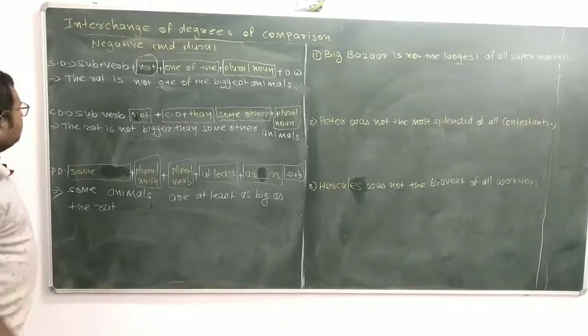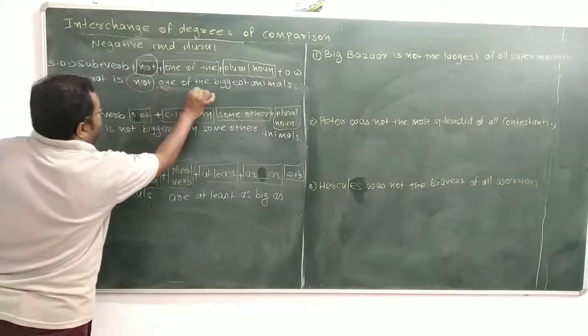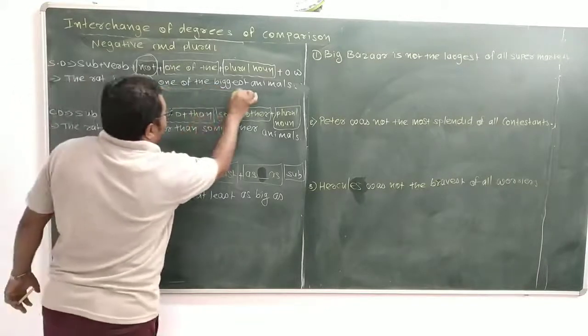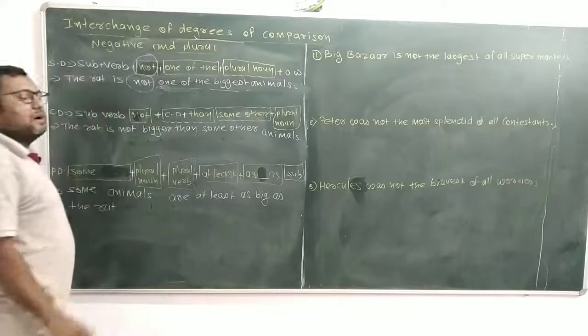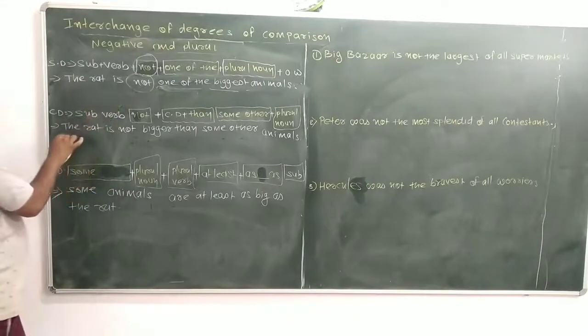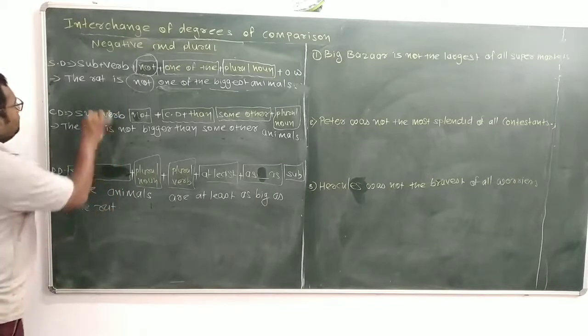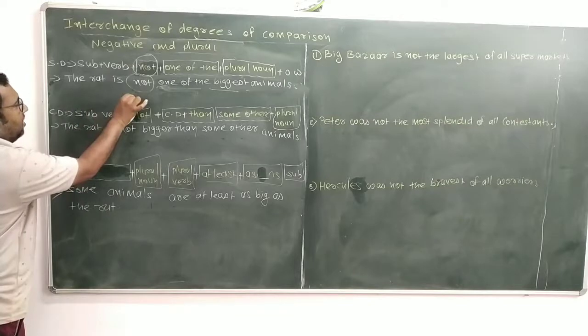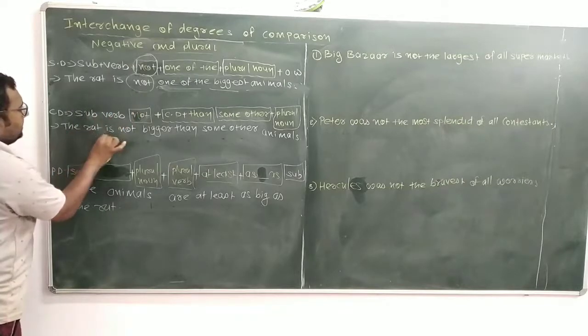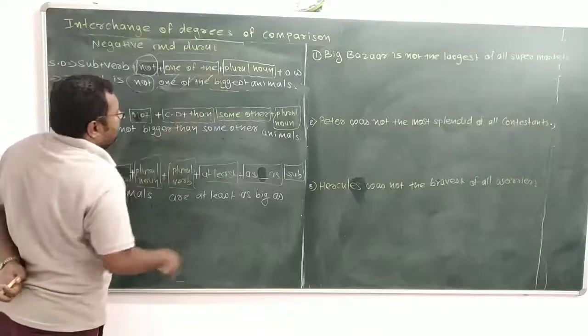The first sentence is, the rat is not one of the biggest animals. Now we are going to change it into comparative degree. First of all, the rat is not, we remove the same thing, one of the.